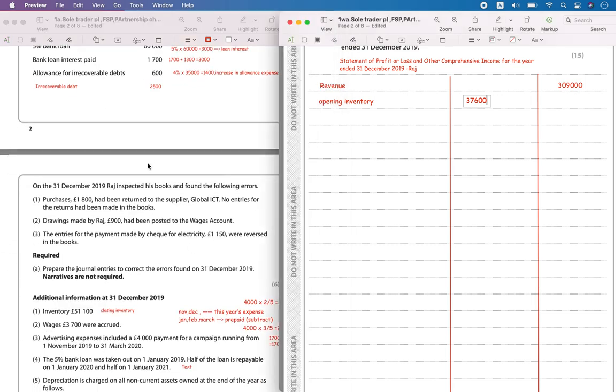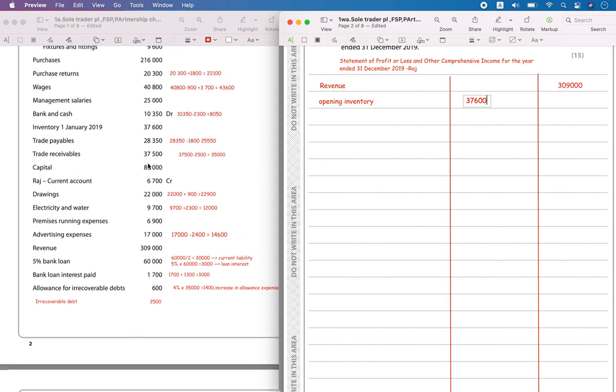Then next we have purchases minus purchase returns. Purchases are around 216,000. The purchases account has only cash and credit purchases, so it is already given and there are no adjustments to that. So it is around 216,000, less purchase returns.